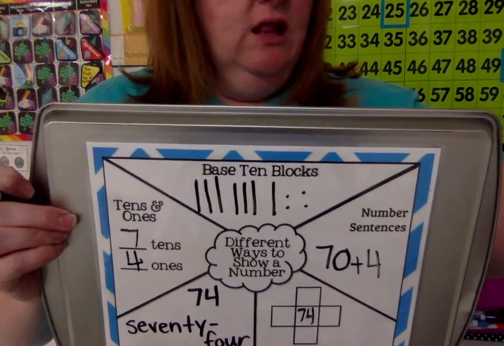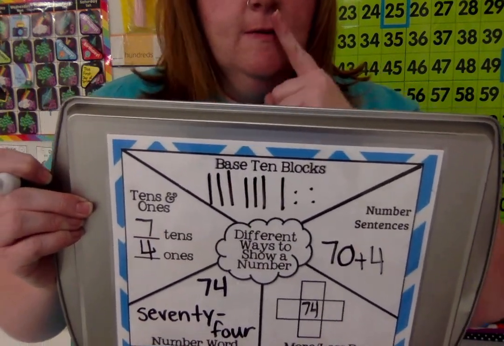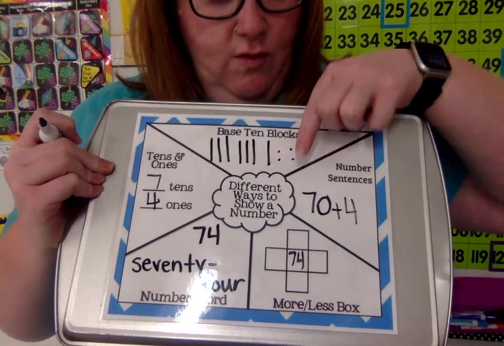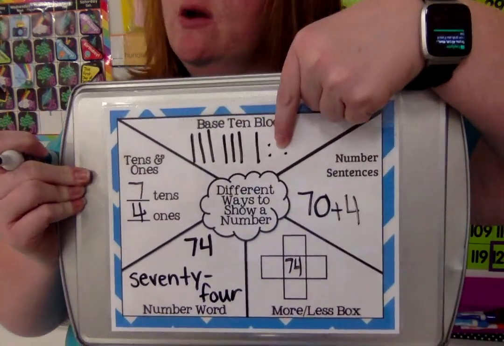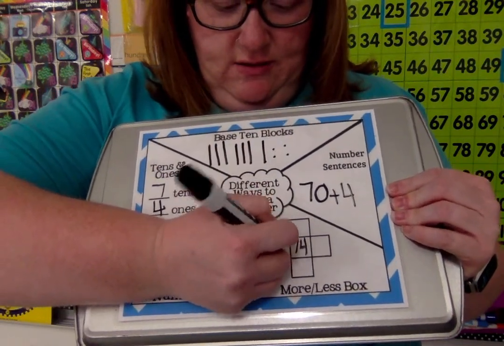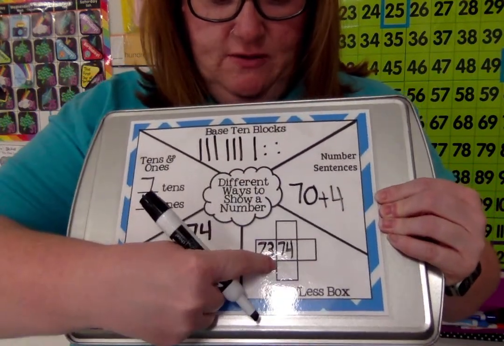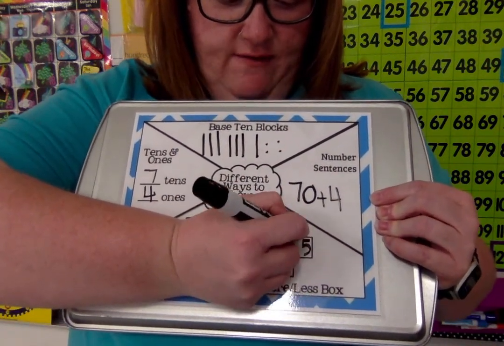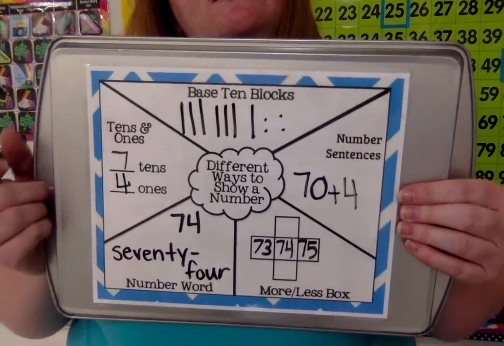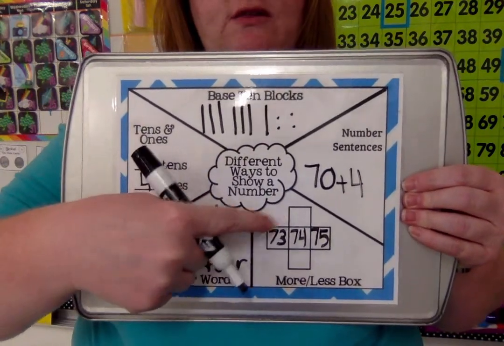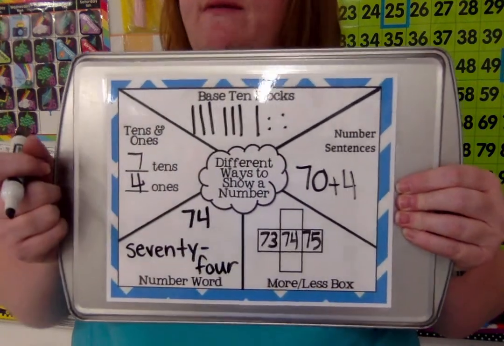What's 1 less? It's like taking away ones, right? We're talking about the ones. If I take 1 away, then I have 73. If I think about those ones, 3, 4, this one should have 5, and I still have my 7 tens, so 75 is 1 more. 73, 74, 75.